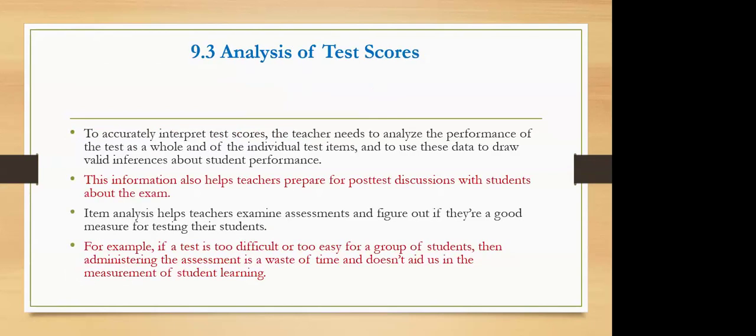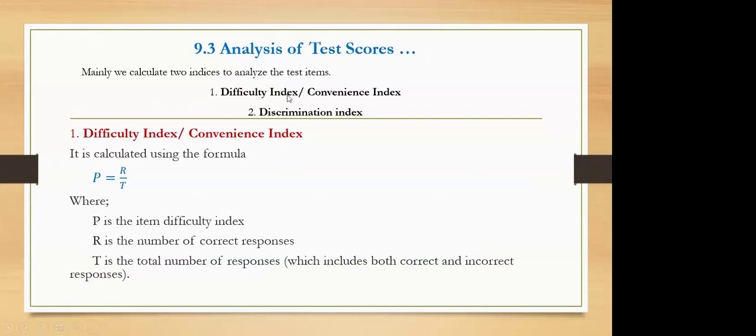To analyze whether the test is too difficult or too easy, we can calculate the difficulty index, also called the convenience index, and the discrimination index for the test scores.